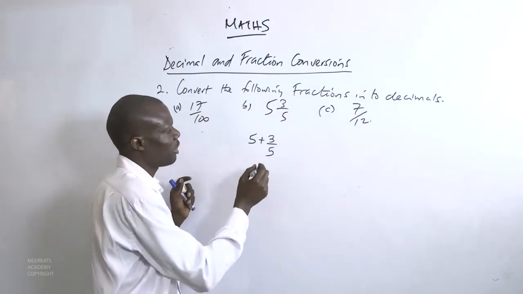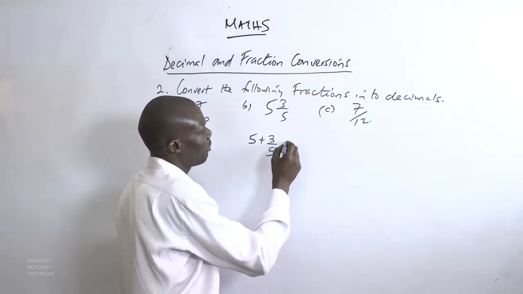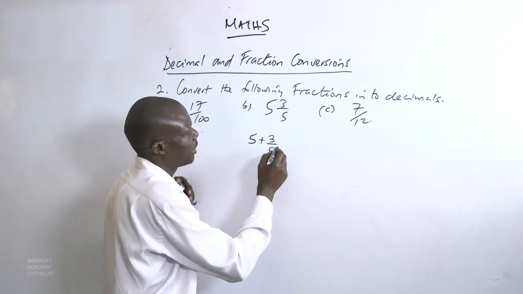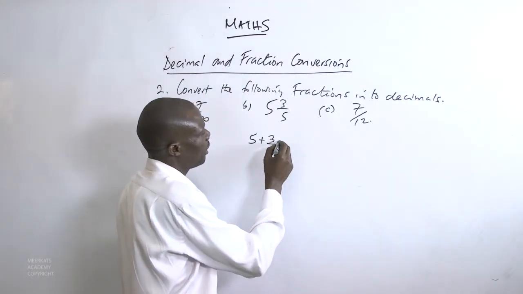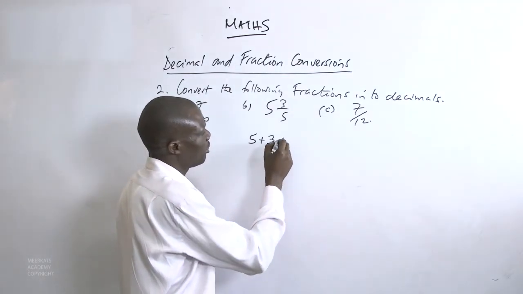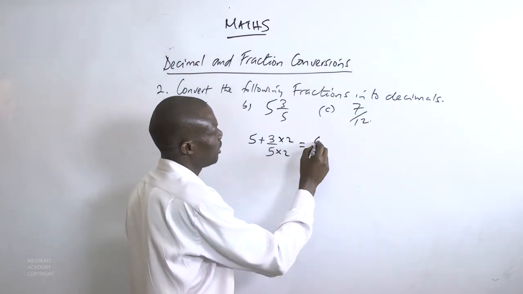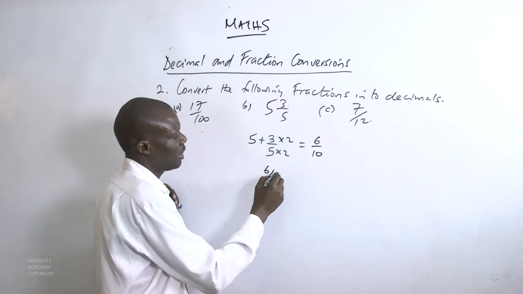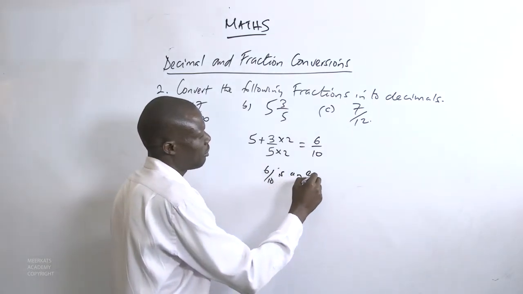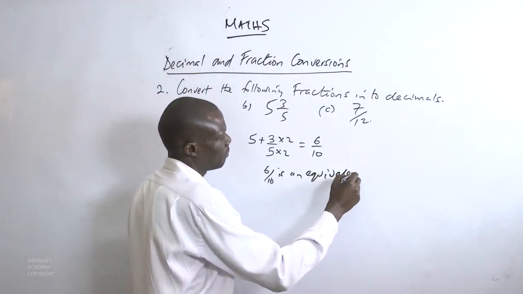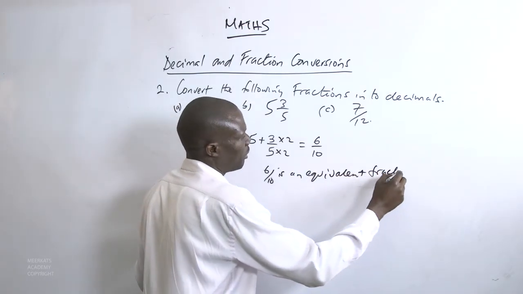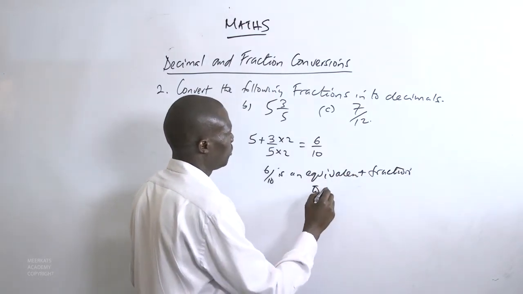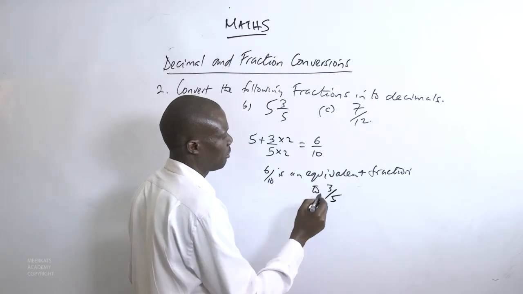And to get an equivalent fraction, we shall say that 3, we multiply here by 2, multiply here by 2, which gives us 6 over 10. Then we find that 6 over 10 is an equivalent fraction to 3 over 5.